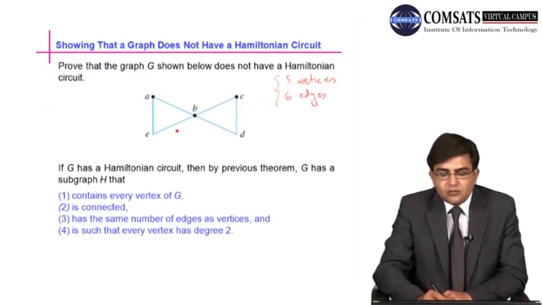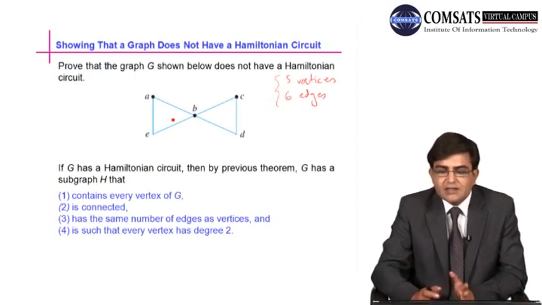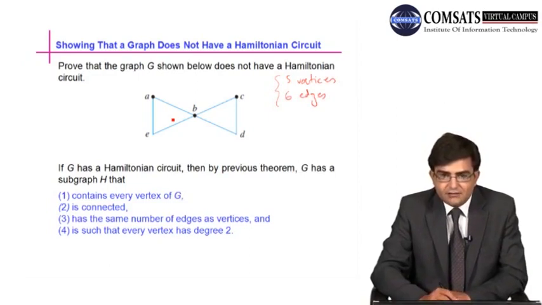Here we have to construct a subgraph, which is basically a Hamiltonian circuit, and which must be connected also. We suppose that there is some subgraph H, which is a Hamiltonian circuit in this graph. Now every vertex must have degree 2 in that subgraph.